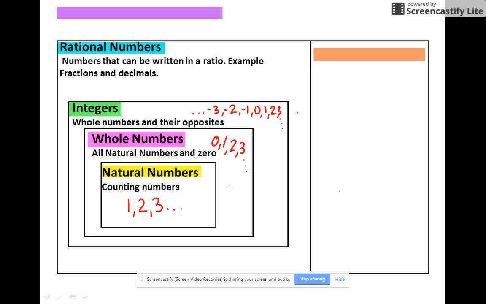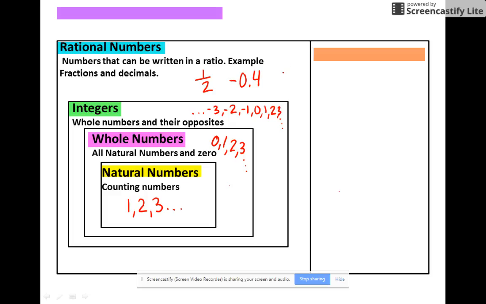Next, we add in our rational numbers, and rational numbers are numbers that can be written as a ratio, things like fractions and decimals. So an example of a rational number would be 1/2, or it could be negative 0.4.